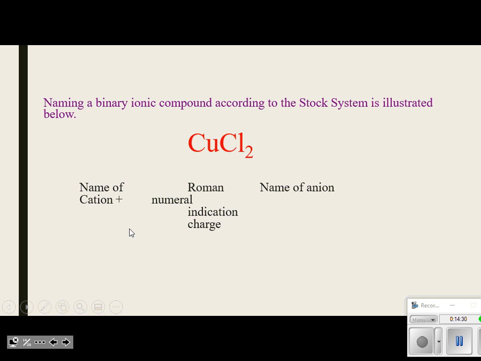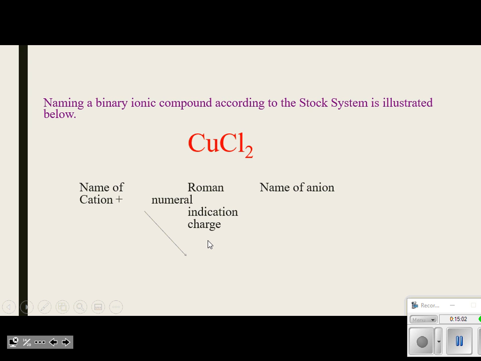So, what I do is I get the name of the cation. I get the name of the anion, and I see if I need a Roman numeral. So what is the name of the cation in this specific instance? Let's start back here with Will. What is my cation? It's copper chloride. Okay, the cation's only got to be one of them.